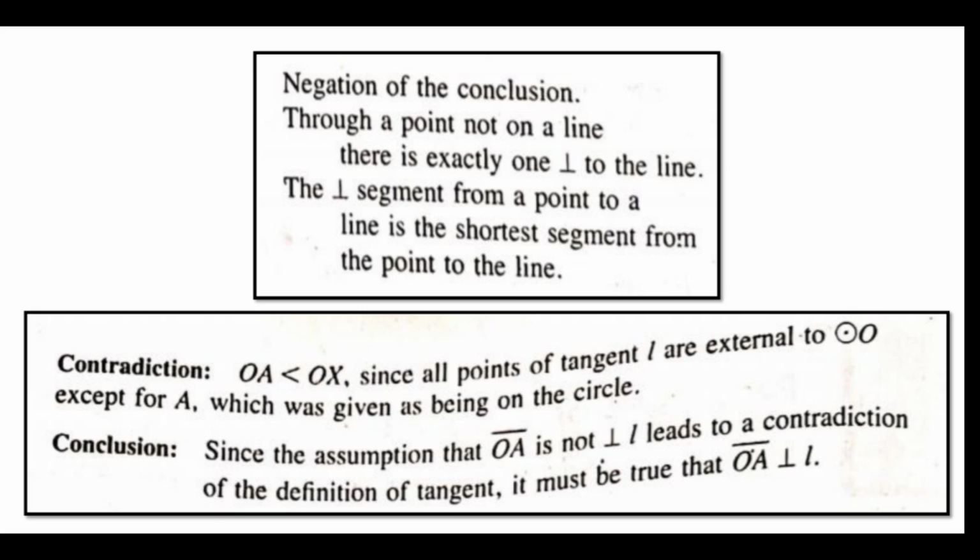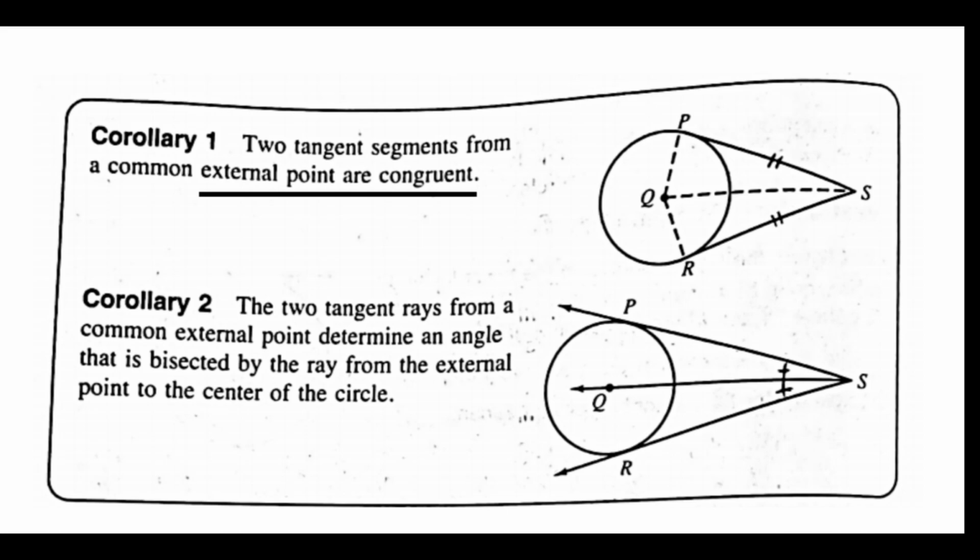And in connection with the investigation, we have here corollary 1 and corollary 2. Corollary 1 states that two tangent segments from a common external point are congruent.